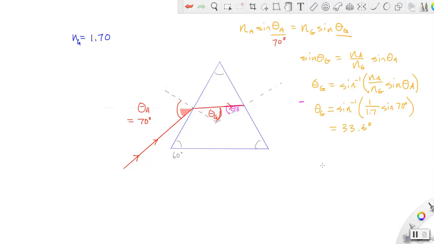What do we expect? Well, we still have index of refraction 1.7 inside. Let's redo our Snell's law, but this time we'll say n3 sine of angle inside the glass, or theta 3, is going to be equal to n4 sine of the angle outside the glass, theta 4, on this next transition outside the glass.